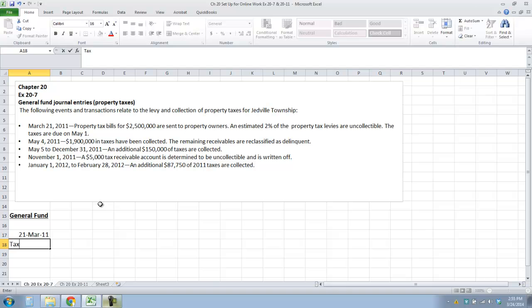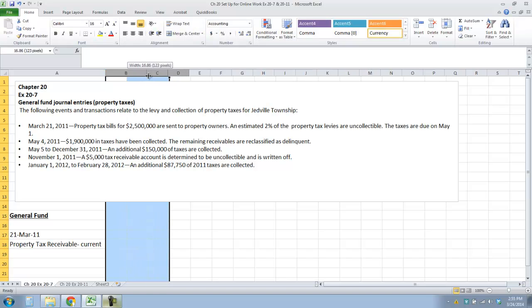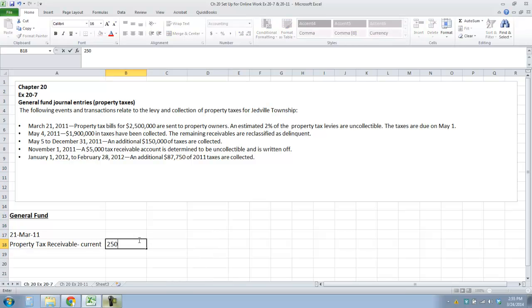And it's going to be property tax receivable, current. And then, so the $2,500,000 is all current.